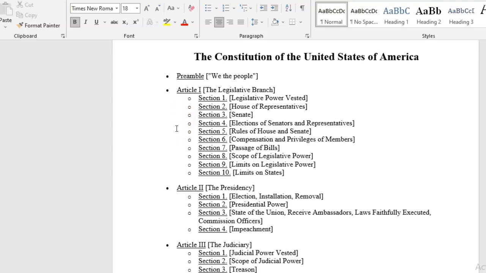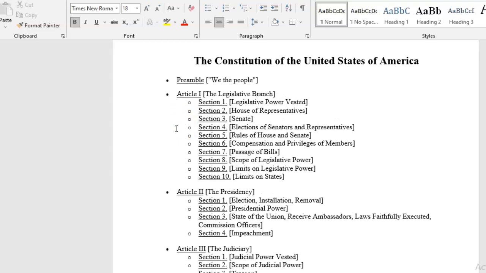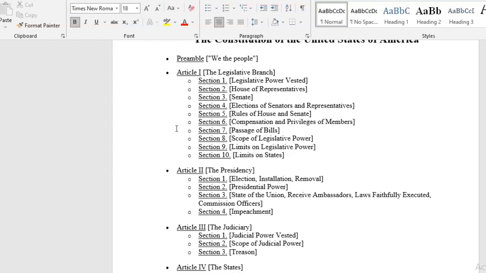We have the House of Representatives. We have the Senate. We have elections of senators and representatives. Then we have the rules of the House and Senate. We have compensation and privileges of members, passage of bills, scope of legislative power, limits on legislative power, and limits on states.